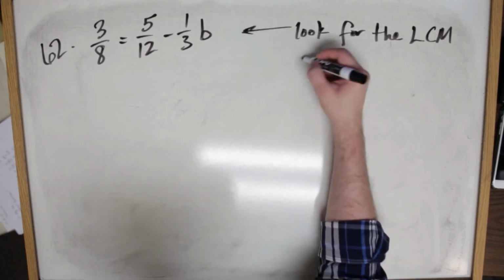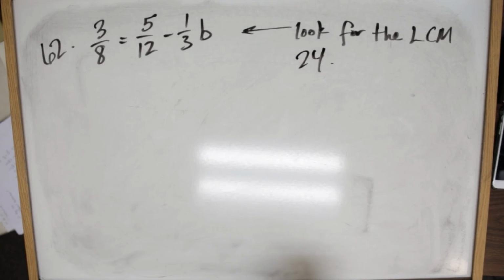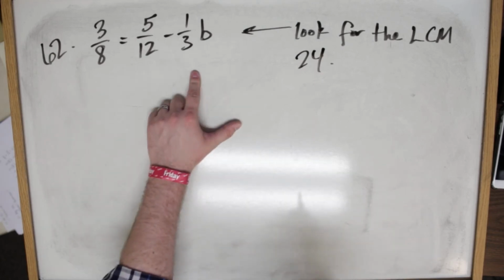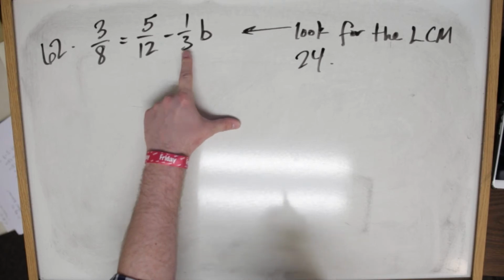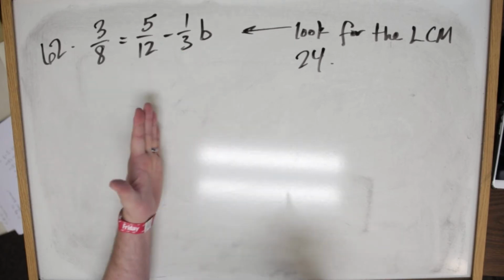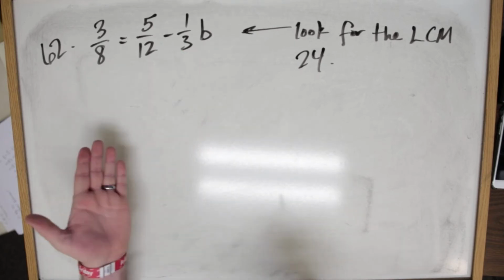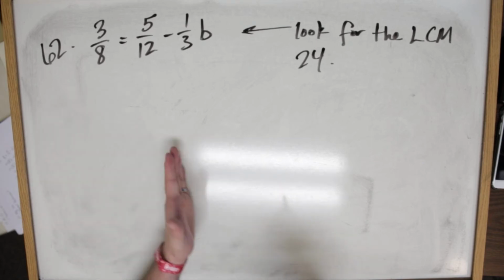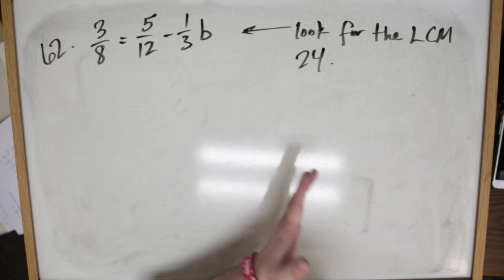In this case it's going to be 24. A lot of it is just trial and error. You just have to kind of look at the numbers. My tactic usually is to take the lowest number and just keep stating multiples of it. So I kind of did it 3, 6, 9, 12, 15, 18, 21, 24.